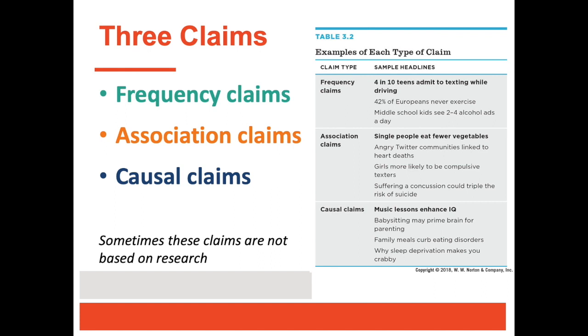Another one, babysitting may prime brain for parenting. So this one is a light causal claim where it says may, but still is a causal claim where it's saying it's babysitting is what's causing the change in the brain. Now it's important to note that these claims are used all the time in society, and they're not always based on research.